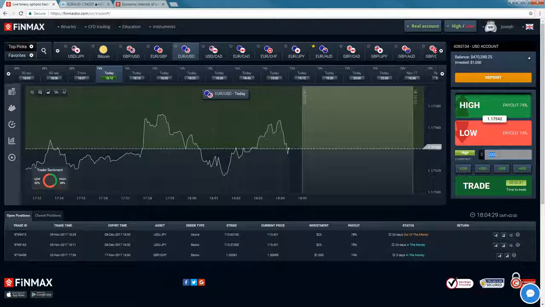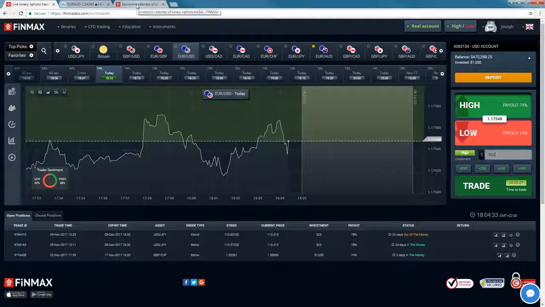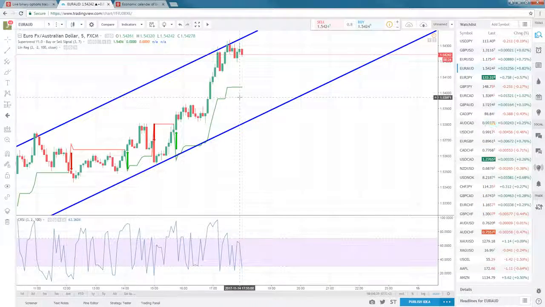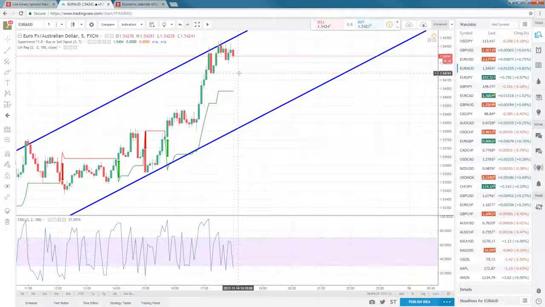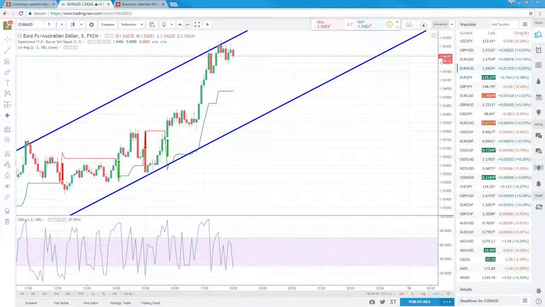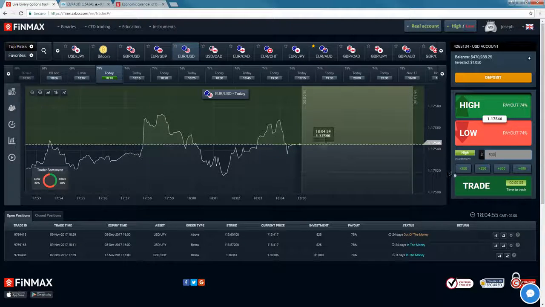The initial trade amount for the first trade for me will be 500 US dollars. It's not that high, but I will start with a smaller amount. So high for 5 minutes.